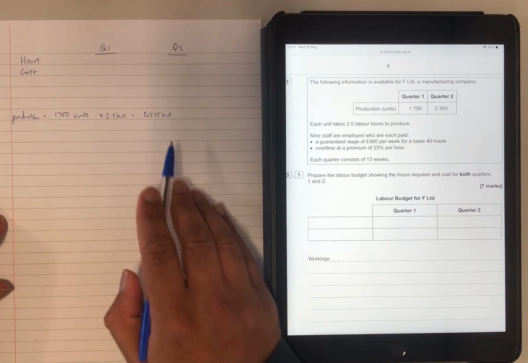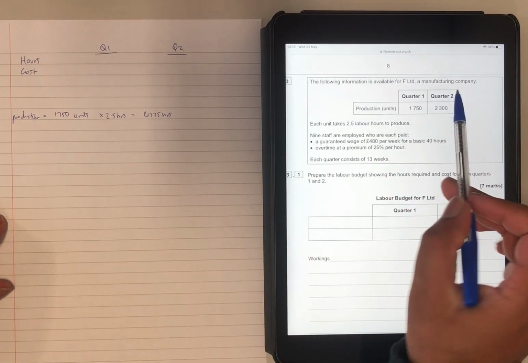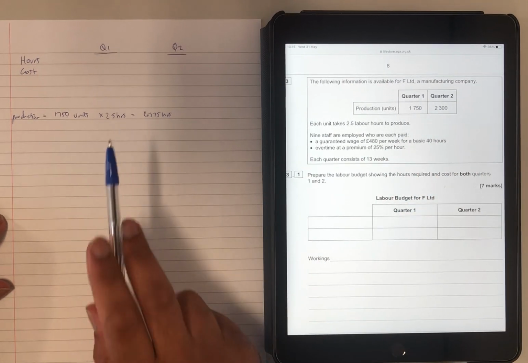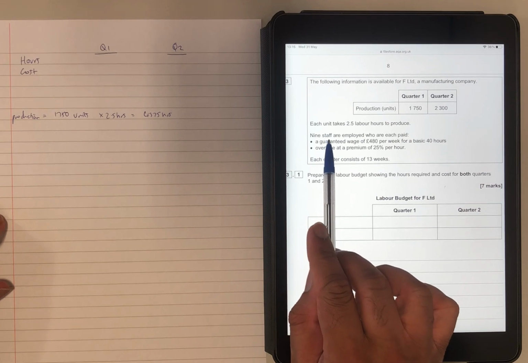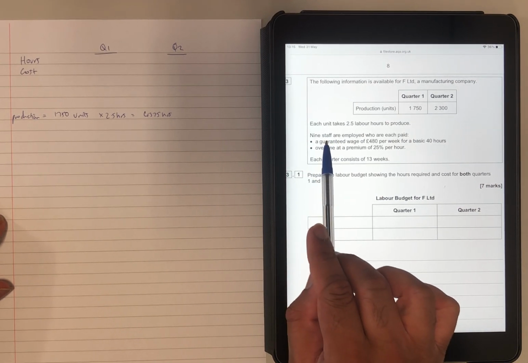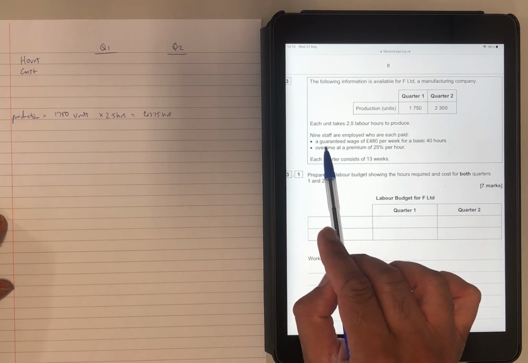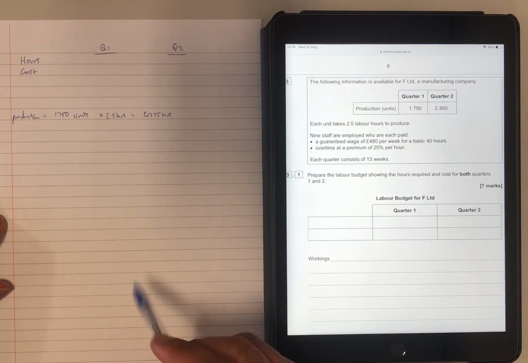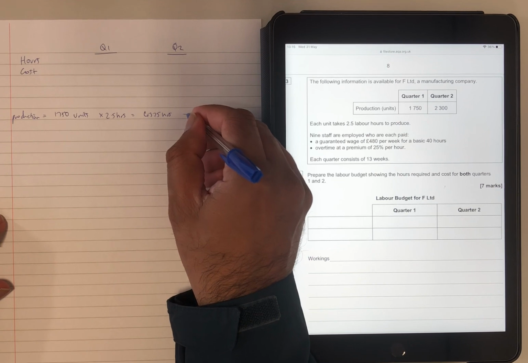That's the amount of hours we need to fulfill quarter 1. However, we need to check the staff that we have. Are they going to fulfill that, or do we need overtime?